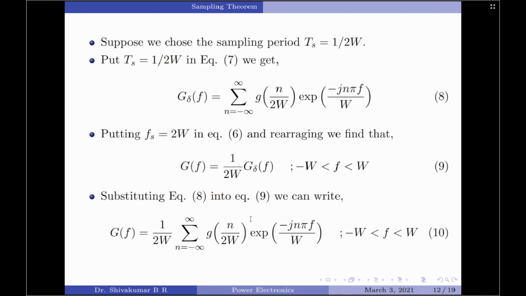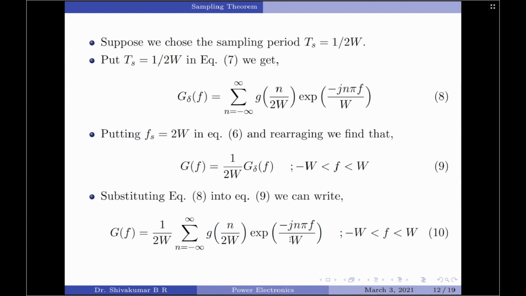In simple words, if the sampling is performed in such a manner that we generate a sample for each and every value of t, then the Fourier transform G(f) of the signal g(t) is uniquely determined by the expression shown in equation 10.